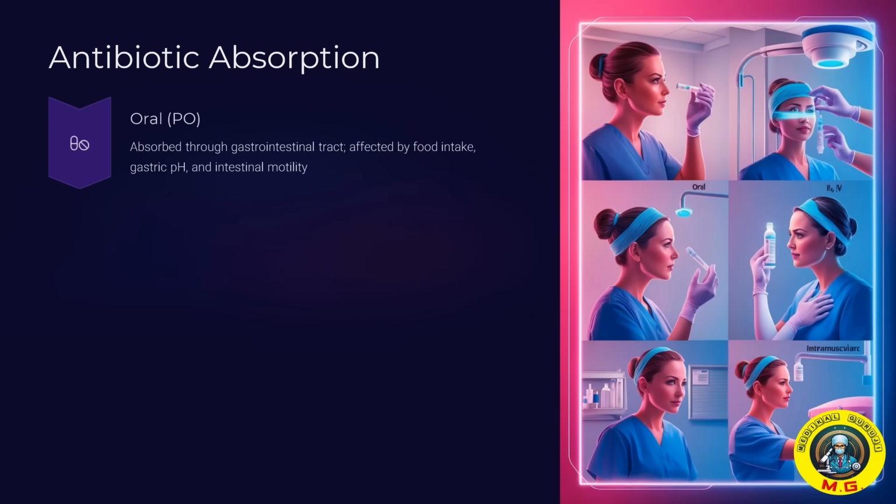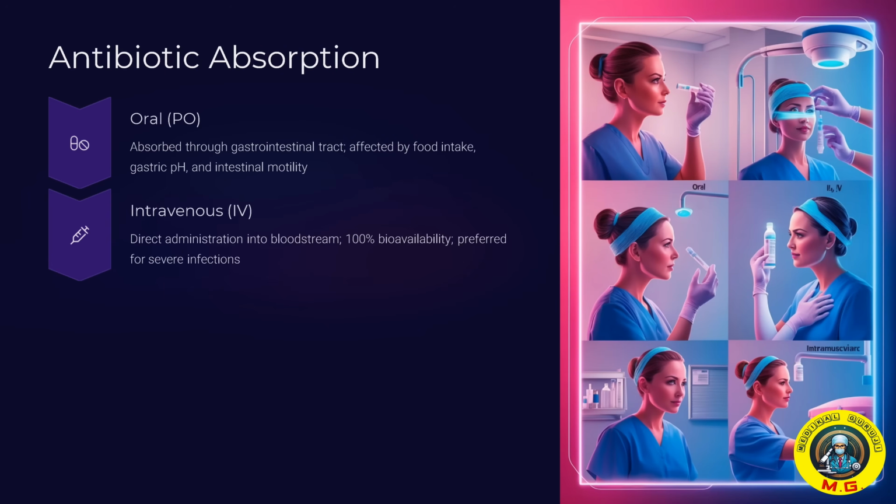Antibiotics taken by mouth are absorbed through the gastrointestinal tract. Factors such as food intake, gastric pH, and intestinal motility can influence absorption. For example, tetracycline's absorption is reduced when taken with dairy products due to calcium binding.